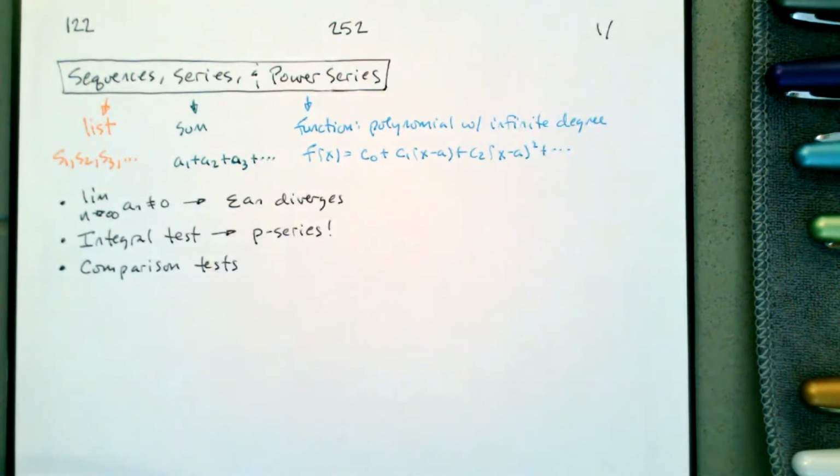We combine P series with the comparison tests, and that gives us an easy way to determine if a series whose terms are a rational or a radical function converges or diverges very quickly.